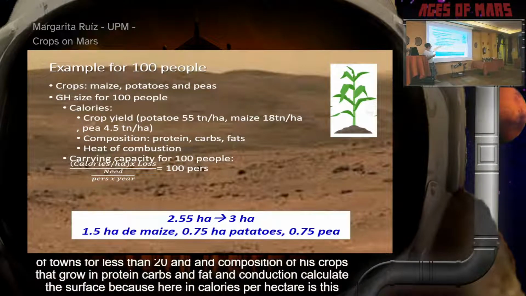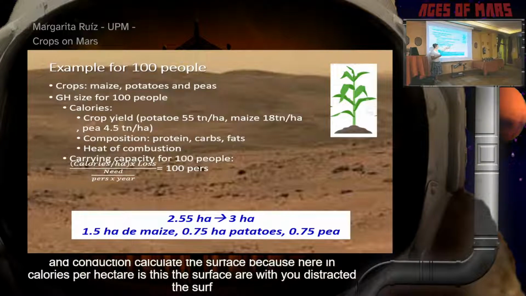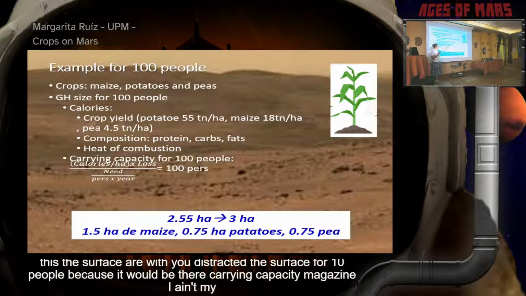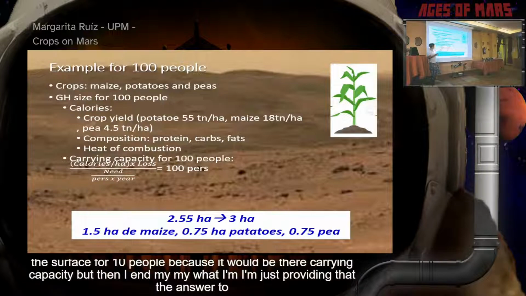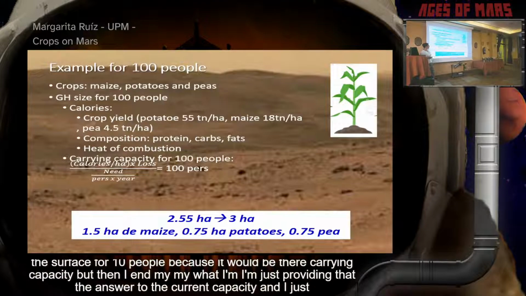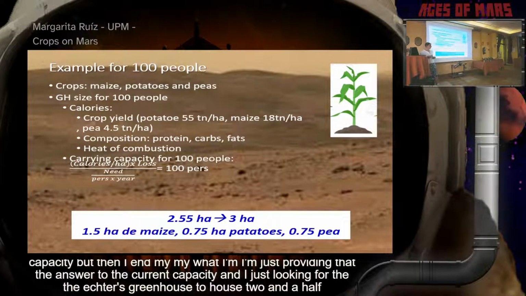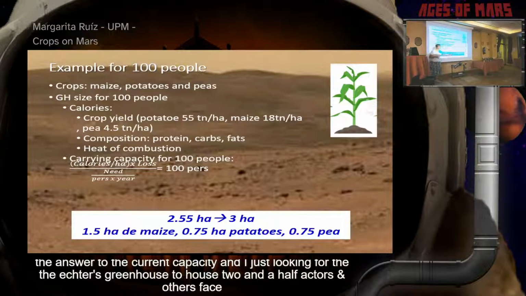So if you extract this surface for 100 people, because it would be their carrying capacity, and I am just looking for the hectares, we would need a greenhouse of 2.5 hectares. But considering corridors and other space and losses, 3 hectares.